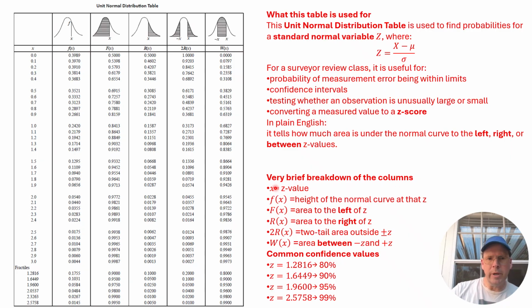Here is a very brief breakdown of the columns. These are the z values. The function of z is the height of the normal curve at that z. F(z) is the area to the left of the z, and R(z) is to the right.